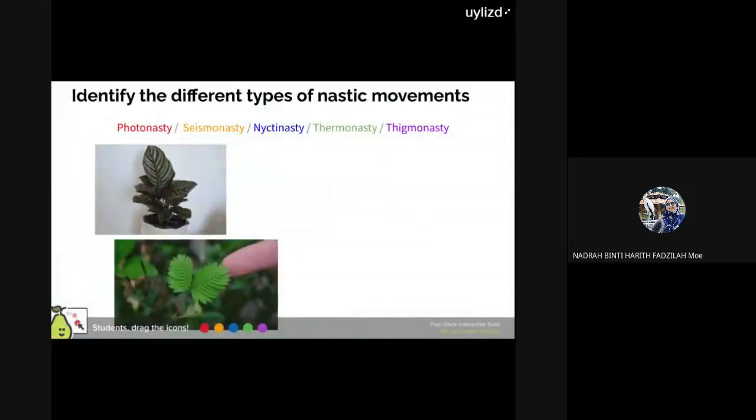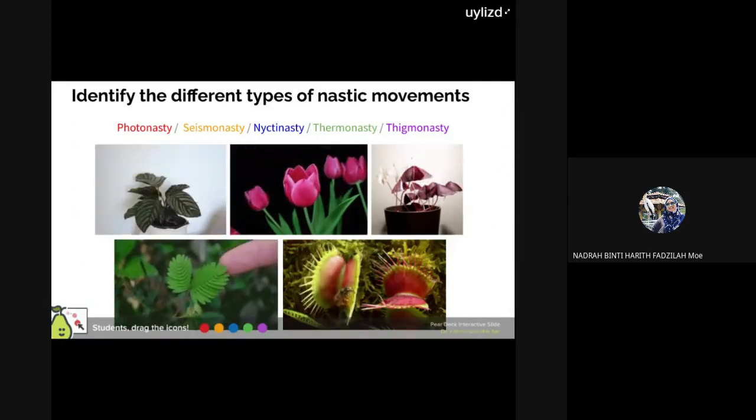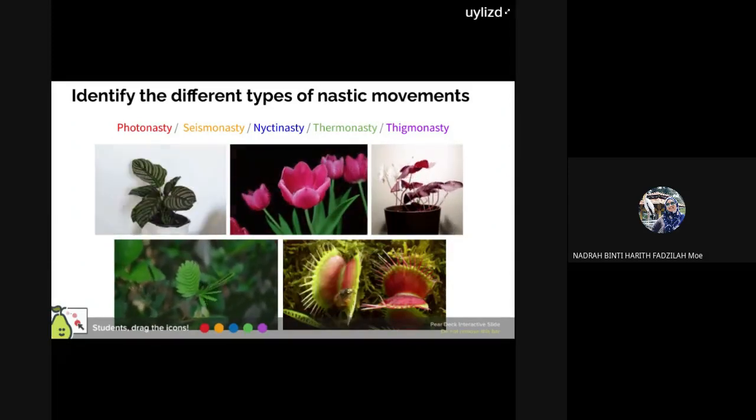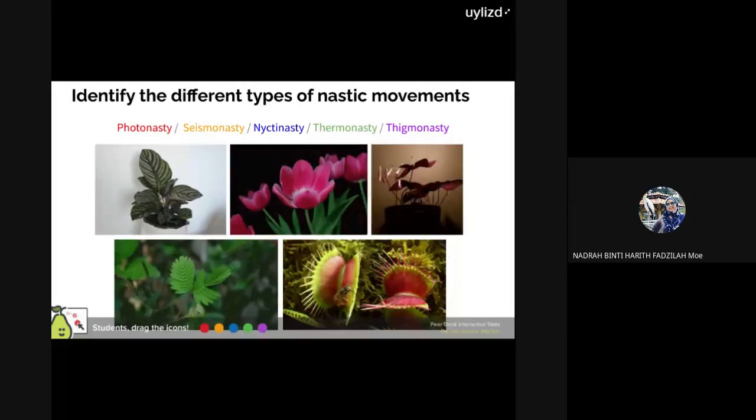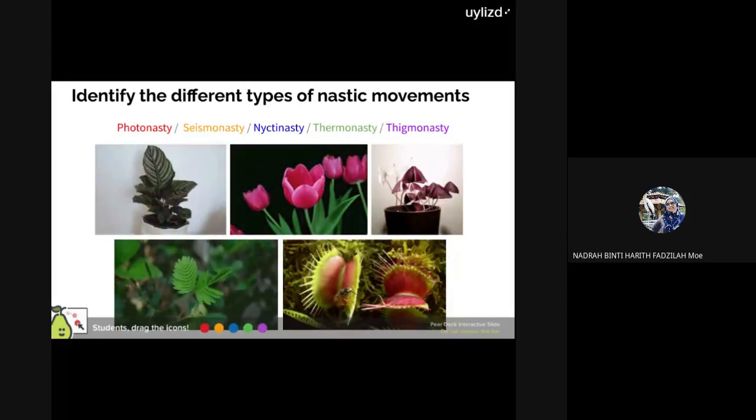So dalam rajah ini, in this particular slide, I am showing you 5 different animated GIFs that demonstrate different types of nastic movement.